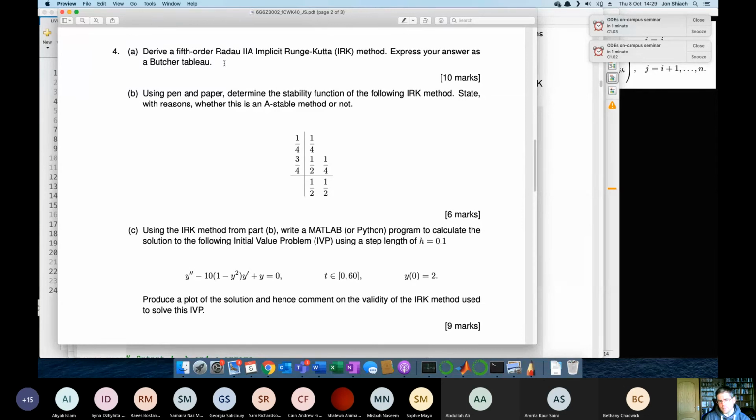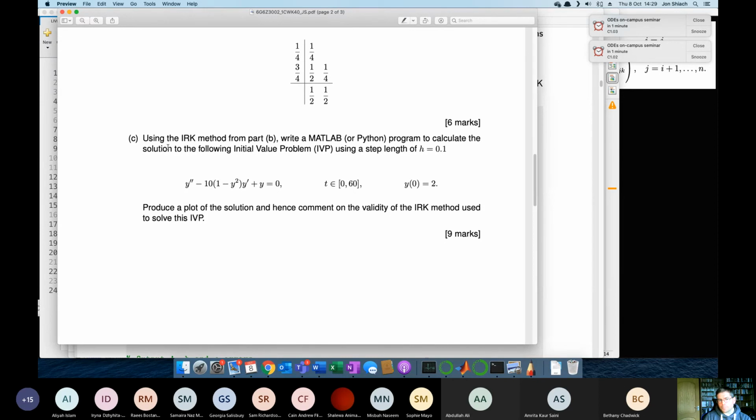I can't remember, but it's given in the notes. You can use MATLAB to solve for those order conditions. The stability function for this is a determinant over another determinant. Again, the equation is given in the notes for the stability function of an IRK method. You've got to determine whether it's A-stable.